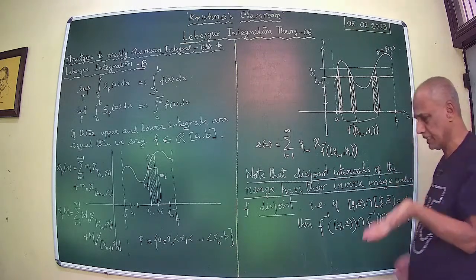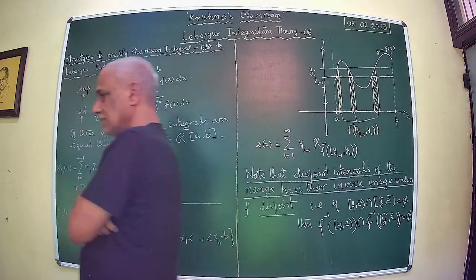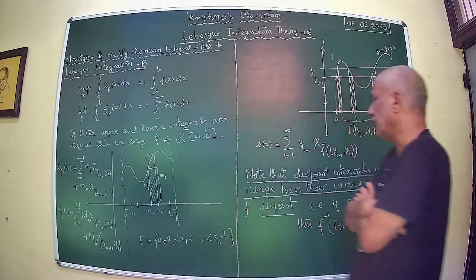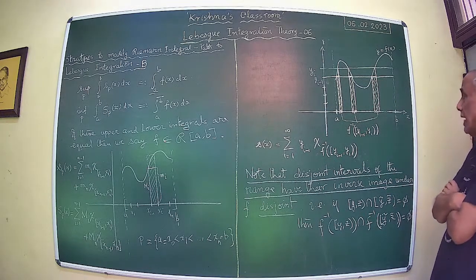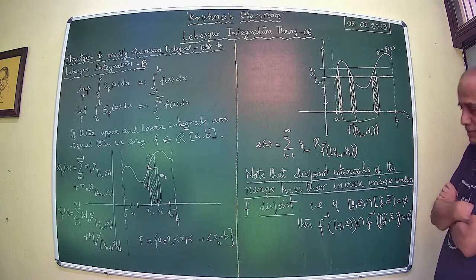For each of those sets you can define the corresponding characteristic functions, multiply by the lower value of the interval, and that forms a lower approximation to the function.